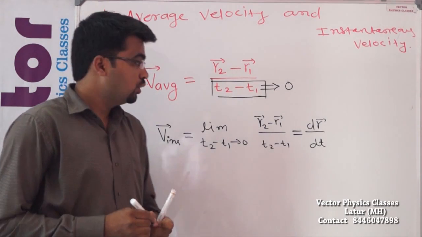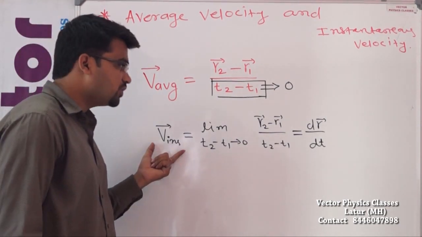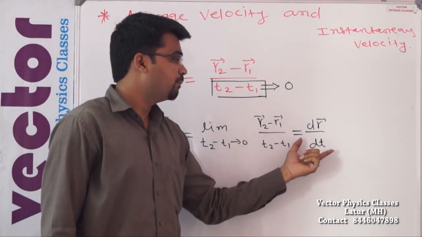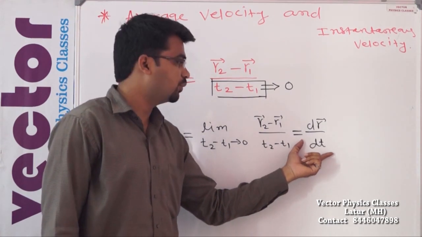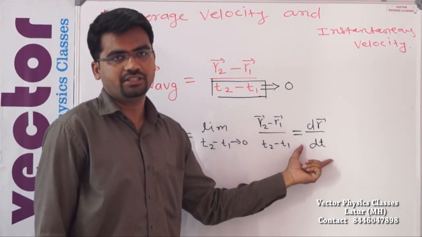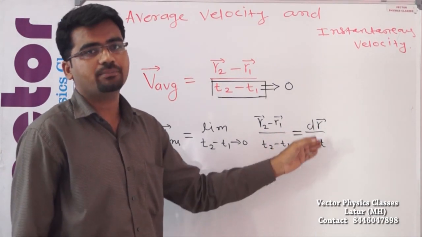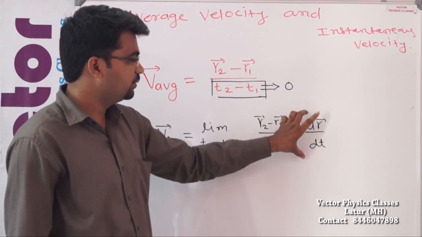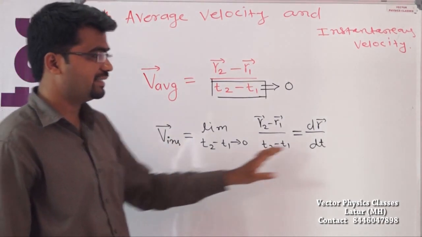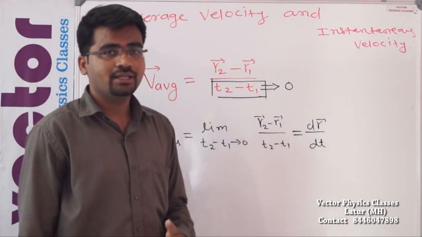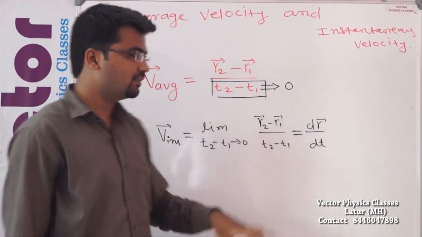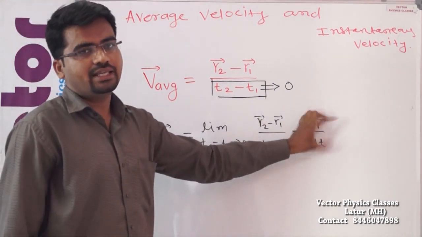So to find instantaneous velocity, it is highly recommended that you must know differentiation. If r bar is equal to t square plus 2t plus 1, then you can find the instantaneous velocity at time t equal to 1 second, t equal to 2 seconds, and likewise at other times.